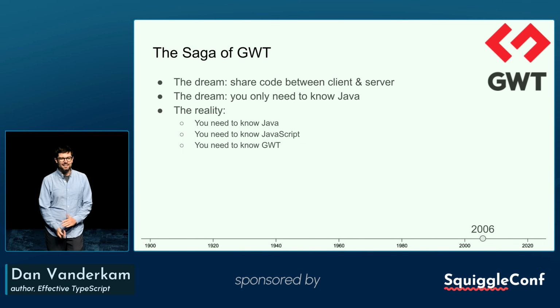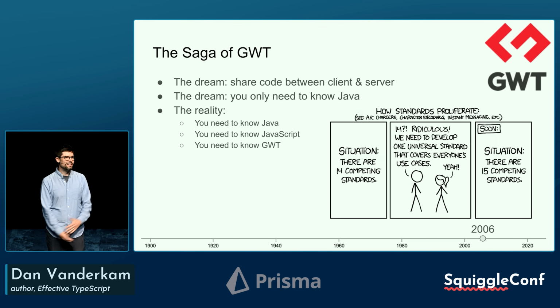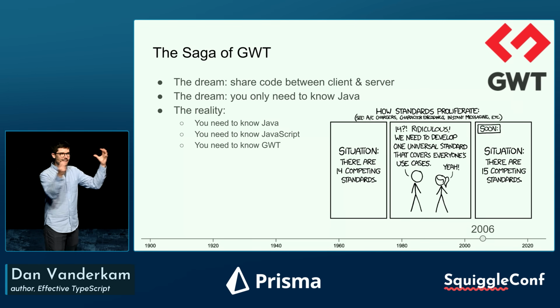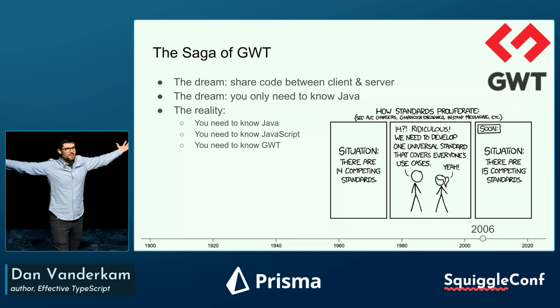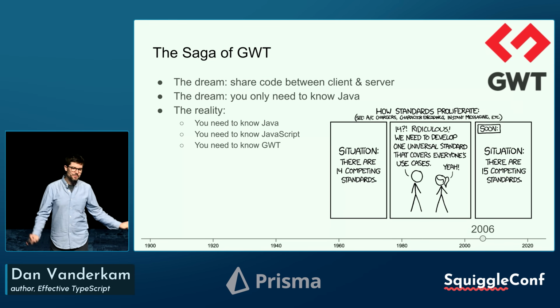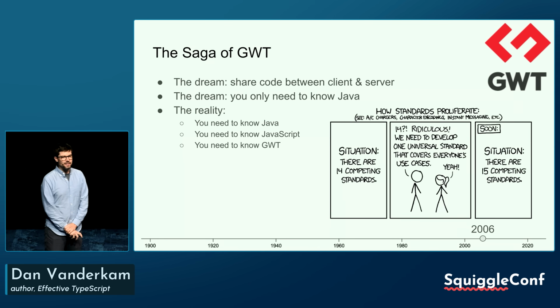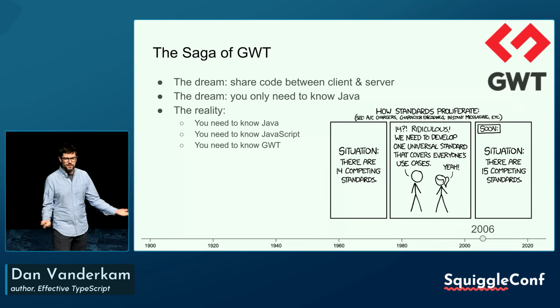And so we had this classic XKCD problem, right? You think you're going to introduce this new thing to consolidate everything onto one standard, but in fact, you just have created a new thing that everyone needs to know, right? So it's a leaky abstraction because the idea is that you only need to think about one thing, but in practice, you actually need to think about three things. So it's not really saving you the effort.